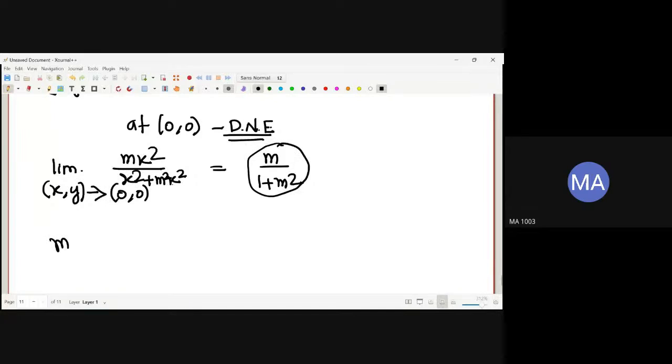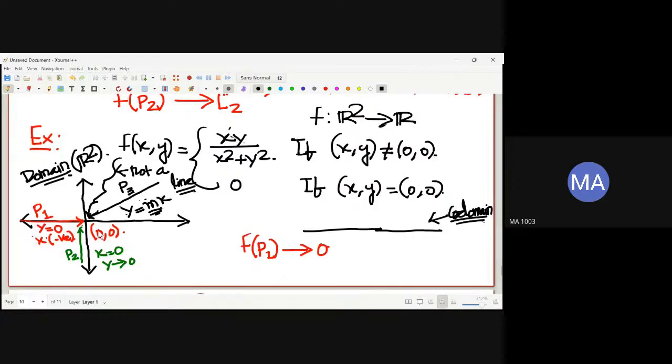So the limit of this function at 0, 0 completely depends on the slope of the line that you are taking. That means for different lines, you will get different limits, so the limit doesn't exist. Clear now? Any doubt from this question, or in general this concept?